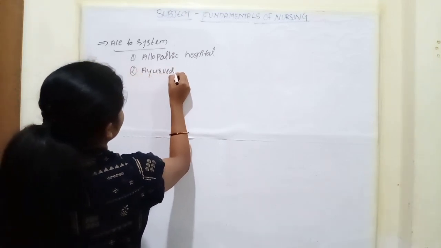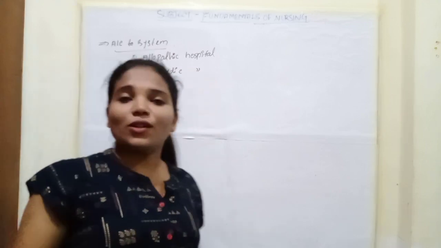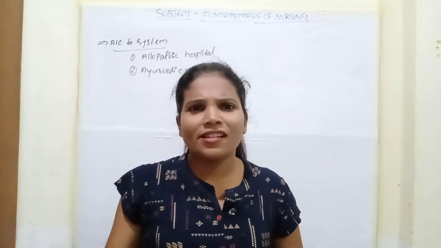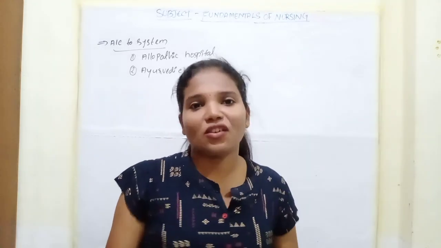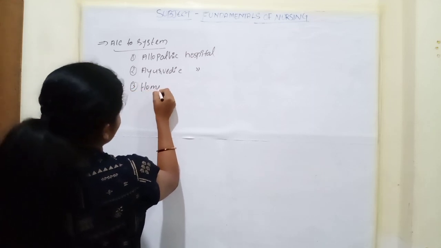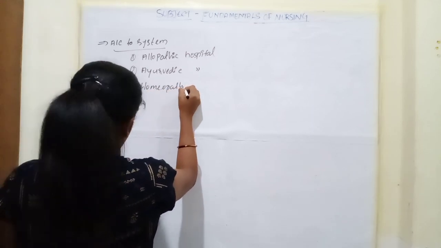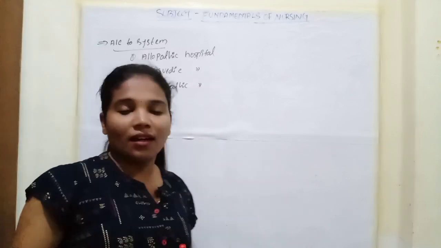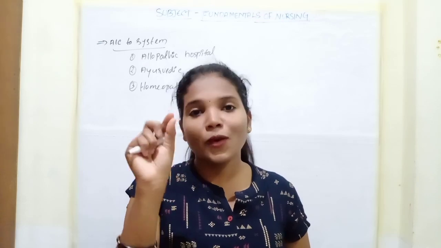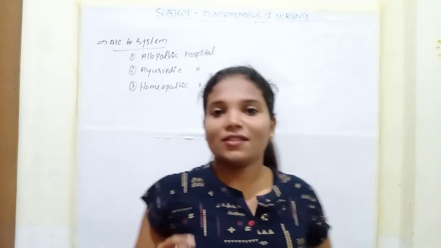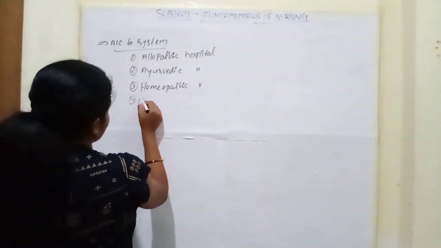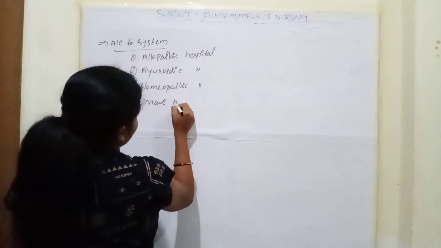Ayurvedic hospitals deal with Ayurvedic items, using all natural things. Third one, homeopathic. Have you heard about the homeopathic hospital? They provide small white round tablets, right? That is homeopathic. And fourth one is the Unani hospital.